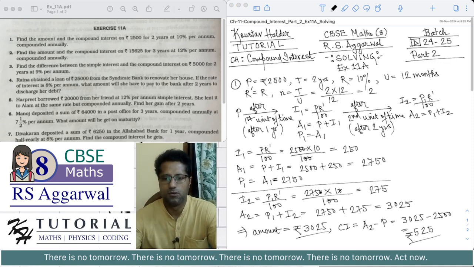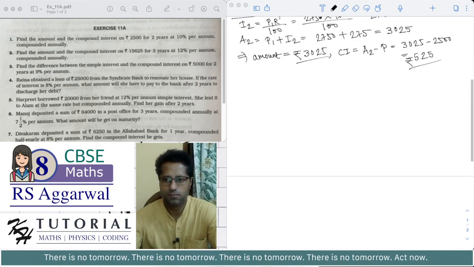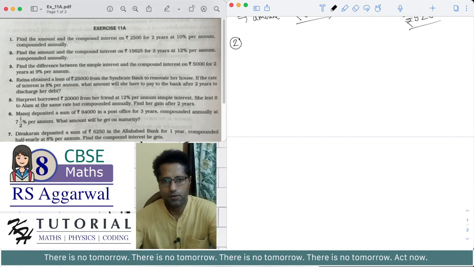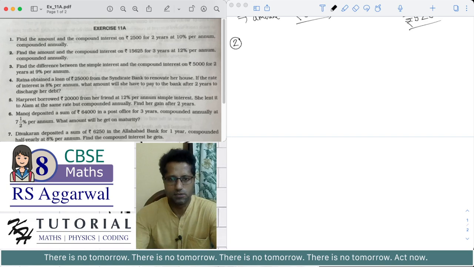Okay, let's do problem number 2. Find the amount and the compound interest on rupees 15,625 for 3 years at 12% per annum compounded annually.